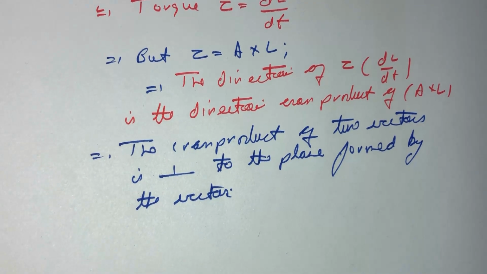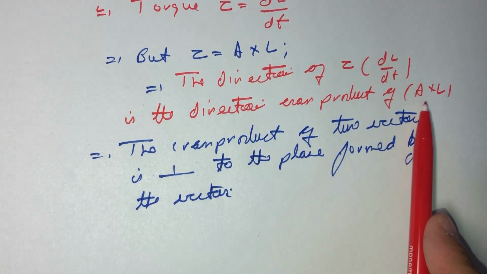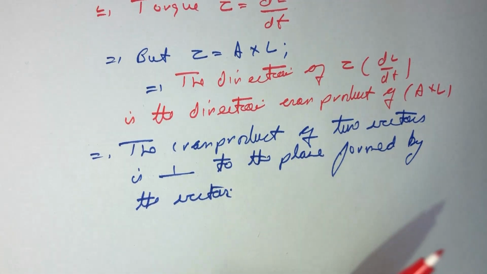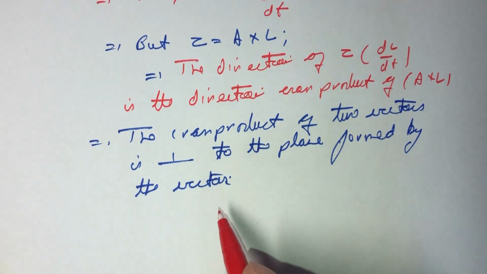So here the two vectors A and L will be in one plane and the cross product will be in another plane.